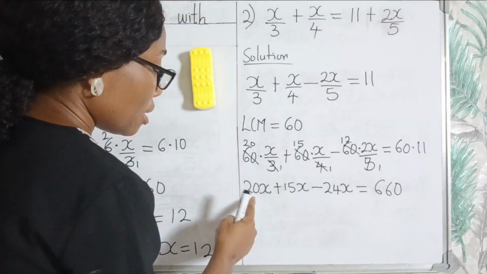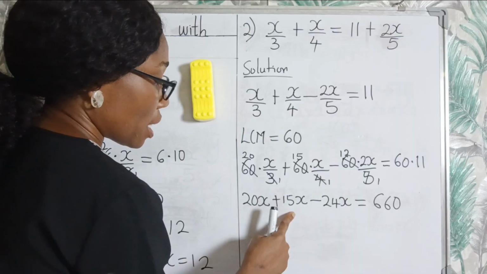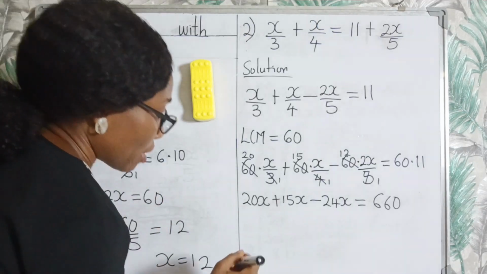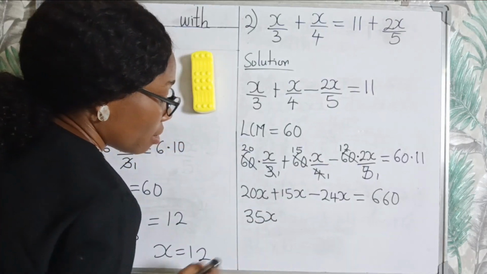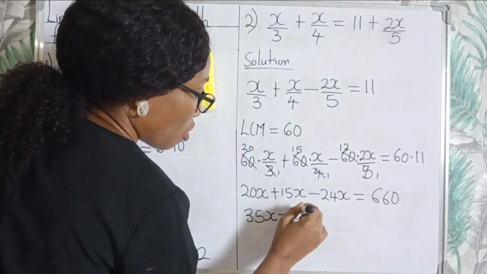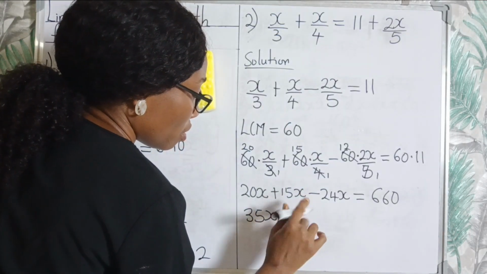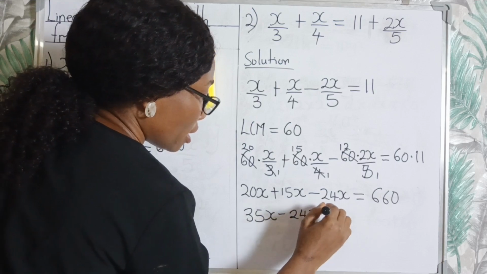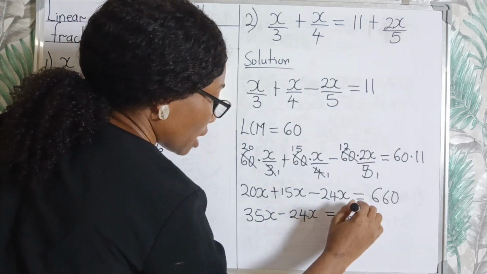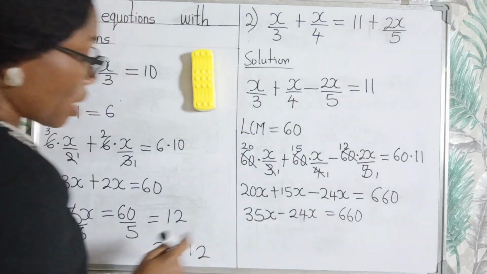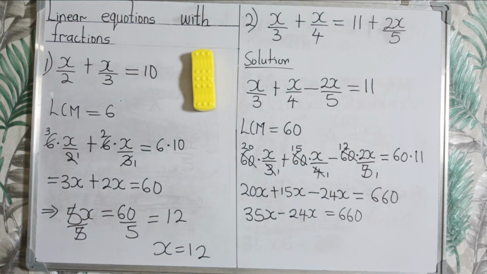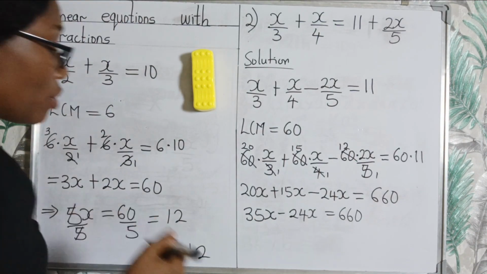So let's see, 20x plus 15x is 35x minus 24x, and this is equal to 660. So 35x minus 24x, we are going to have 11x.